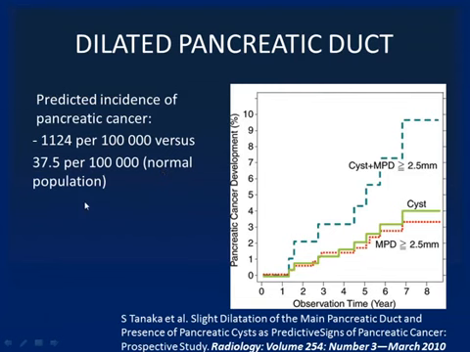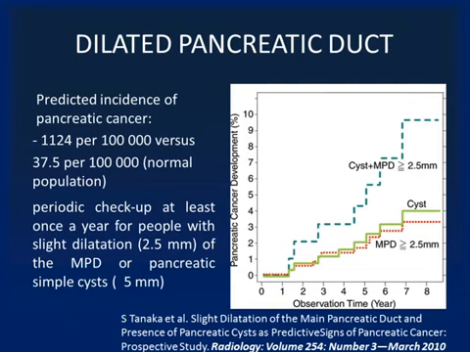So these are important data. At the end of the paper they recommend a periodic checkup at least once a year for people with slight dilation of the main pancreatic duct and pancreatic simple cyst.